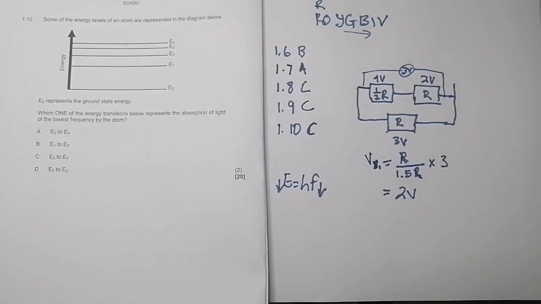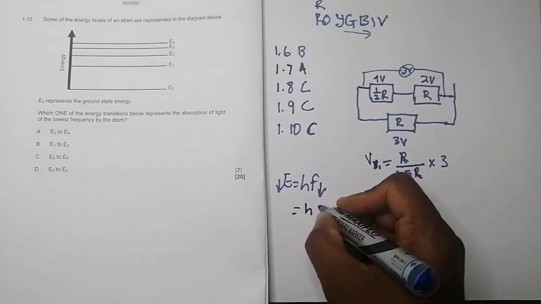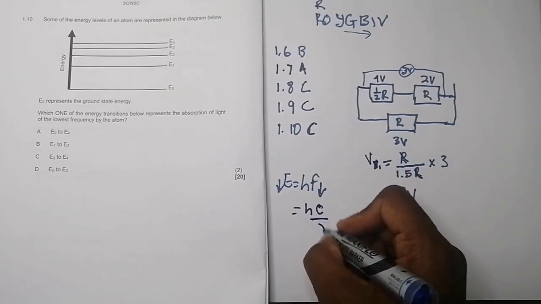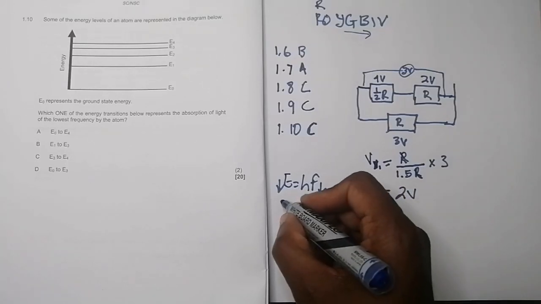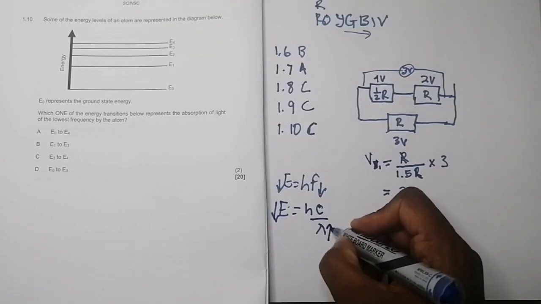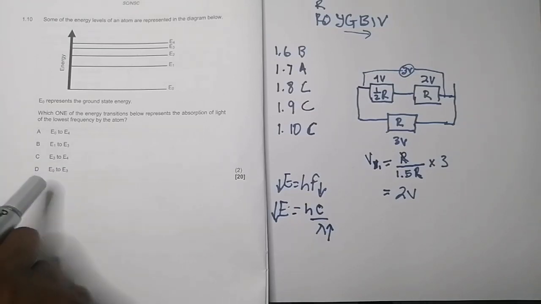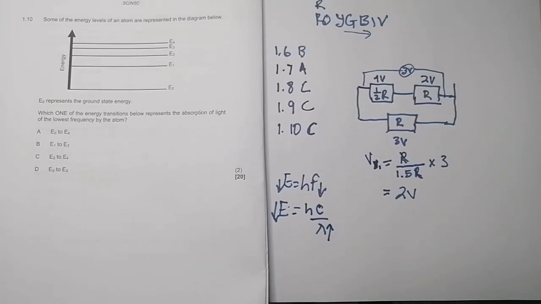Because remember that energy is hc over lambda, right? So if I have a lower energy, that would be the highest wavelength. So just keep in mind that inverse relation. However, to answer this question, we would consider that option, E3 to E4.